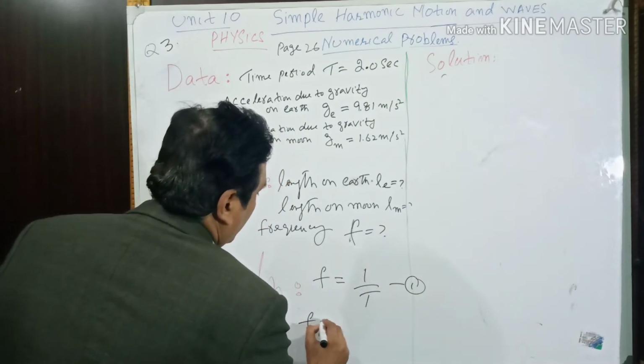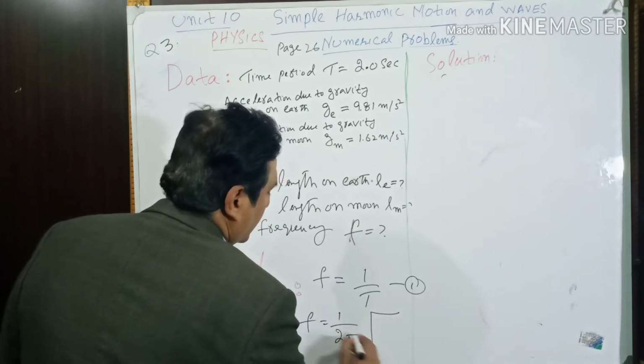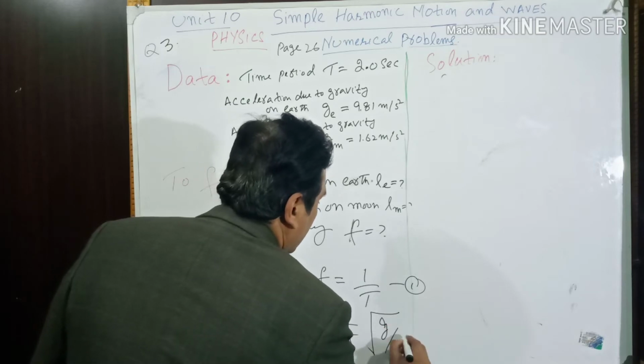F is equal to 1 by 2 pi under the root g by L.